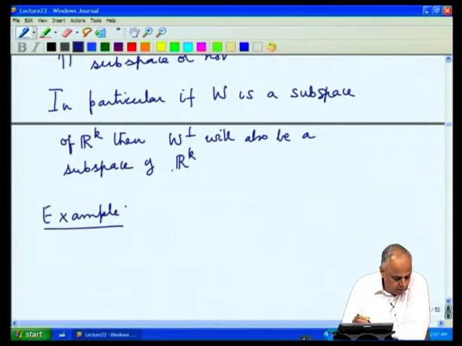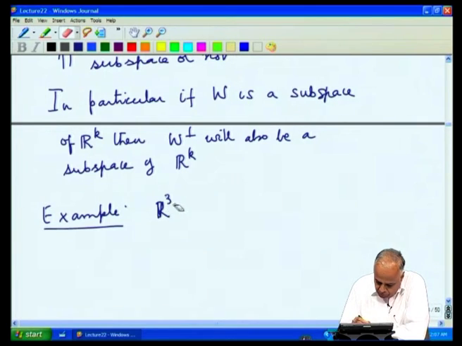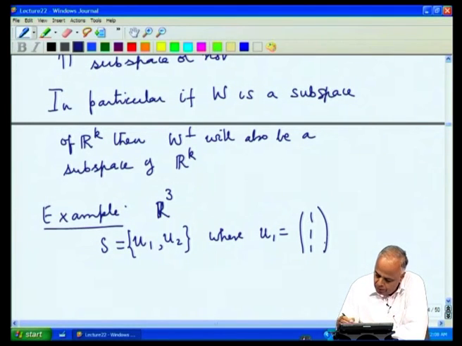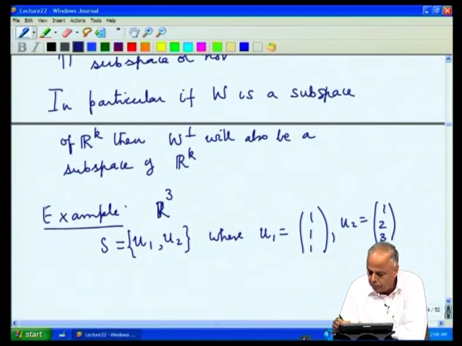Let us consider V to be R 3. So, in other words, we look at the vector space R 3 and let us take the set S consisting of two vectors, where u 1 is (1, 1, 1) and u 2 is equal to (1, 2, 3).